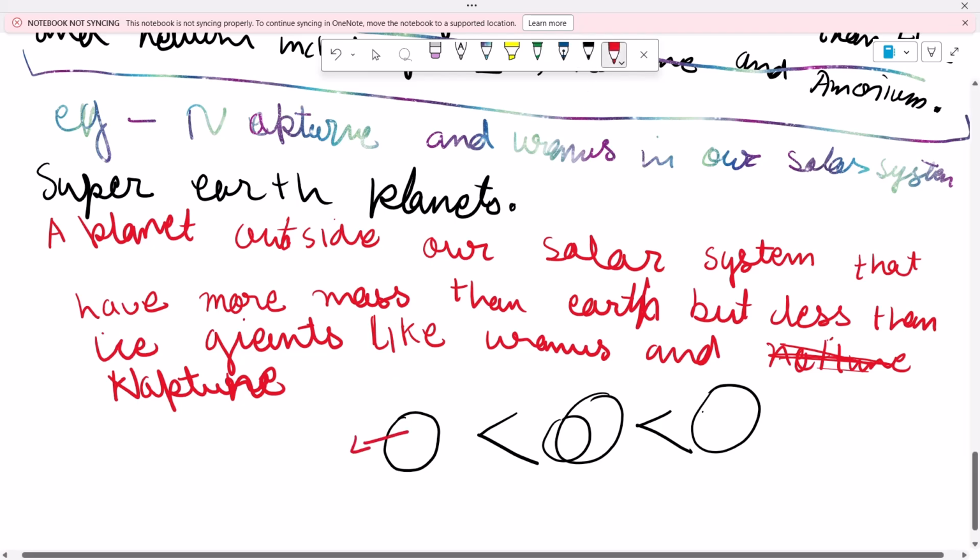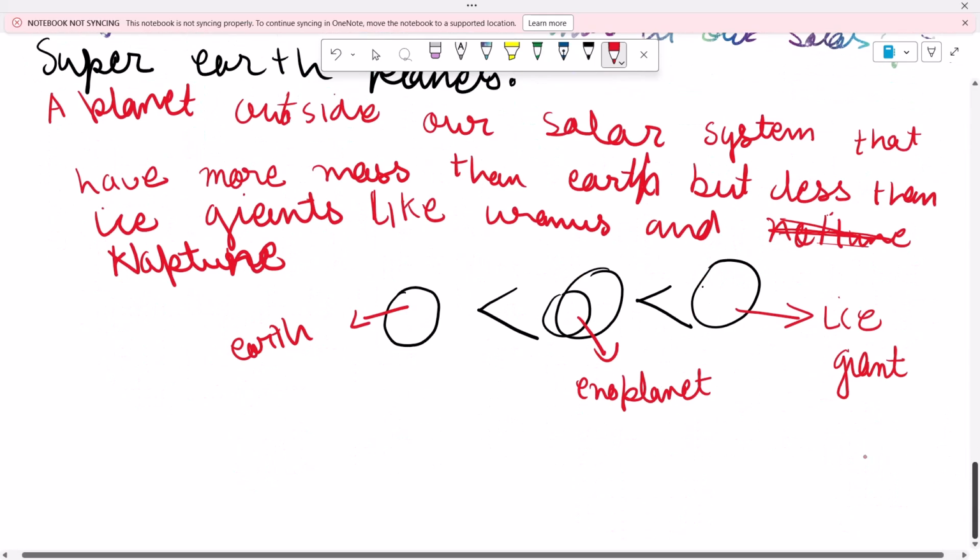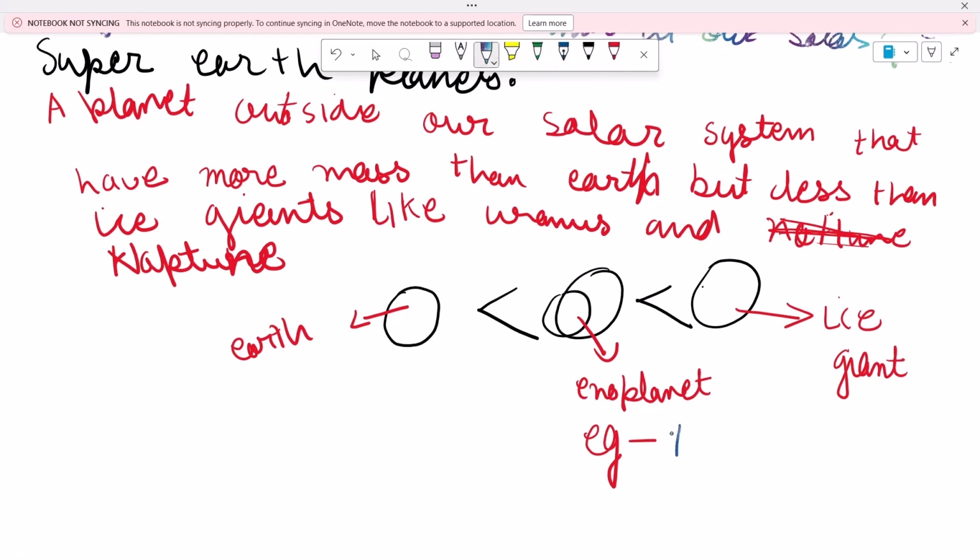This is our Earth. This is the exoplanet, and this is the ice giant. Let me use another color.